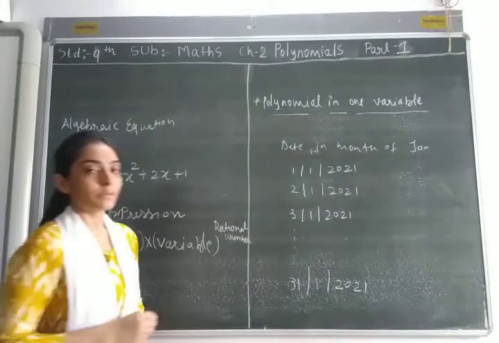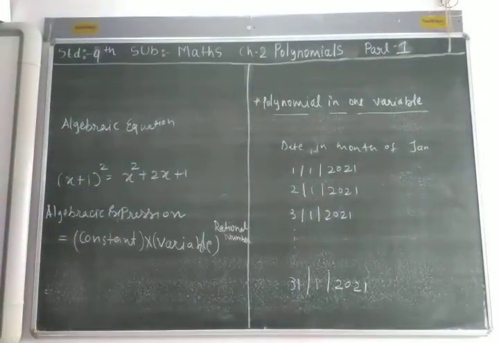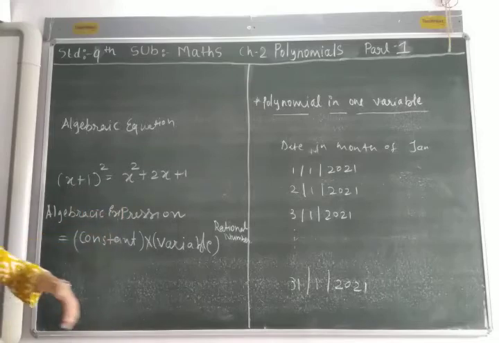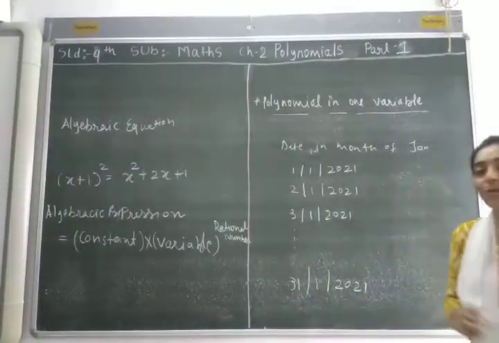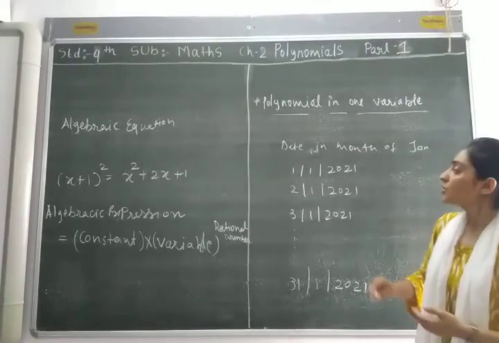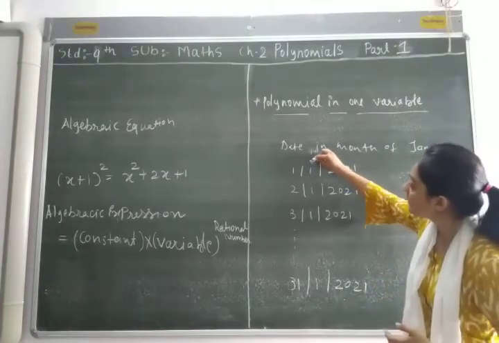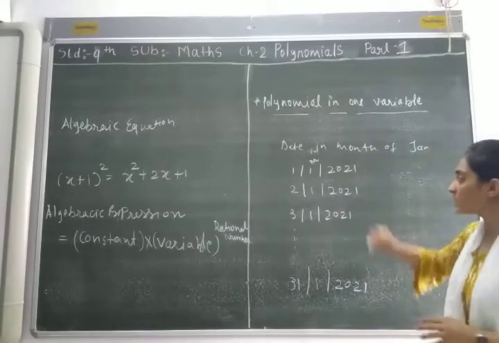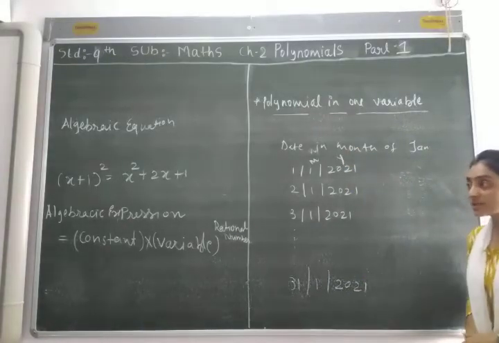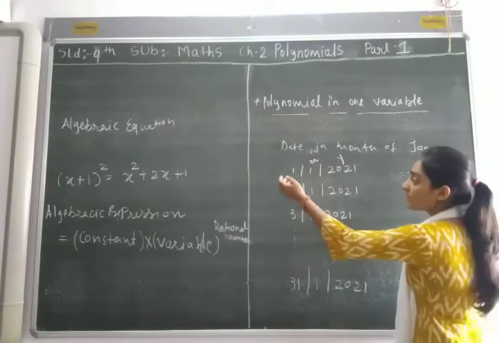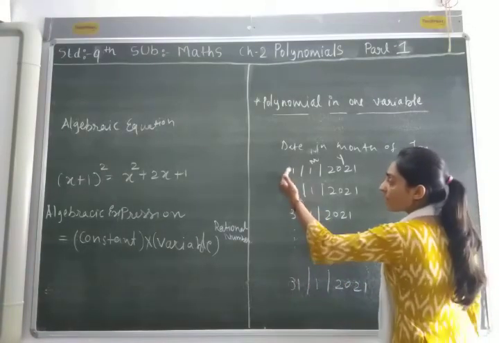Now look at over here. What remains constant? What is varying? Variable means something which is varying, continuously varying. So my month remains constant and my year also remains constant. Okay, but what is varying?